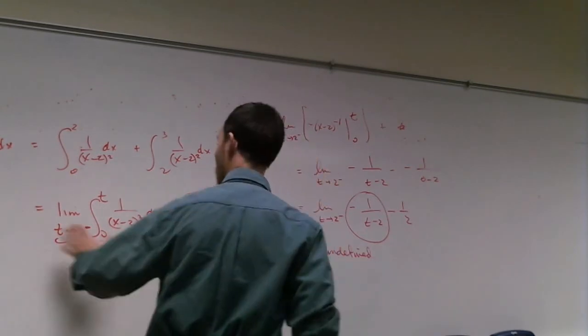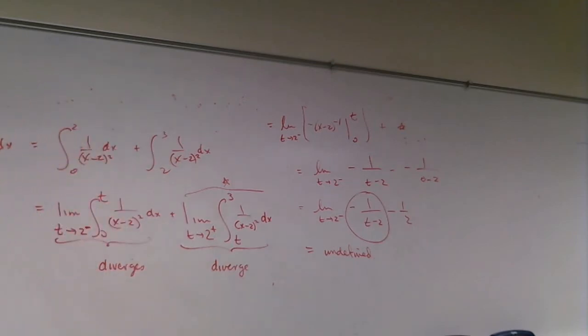So this integral, what you're supposed to know is that that means that this area is not only unbounded, or this region, let's say it precisely, this region is unbounded and the area is infinite.